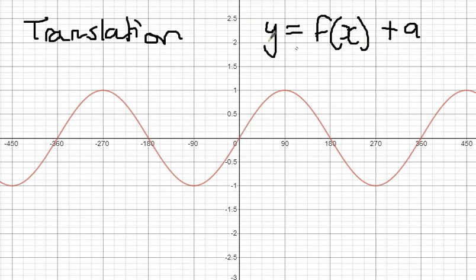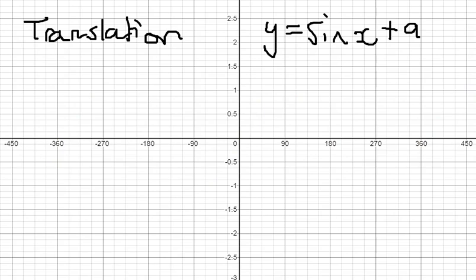Okay, let's look at this one first. So adding a number to the function after you've done the function. So in our case, our function is sine x. So pop that in. And if that value is positive, so I'm just going to make a slider on Desmos.